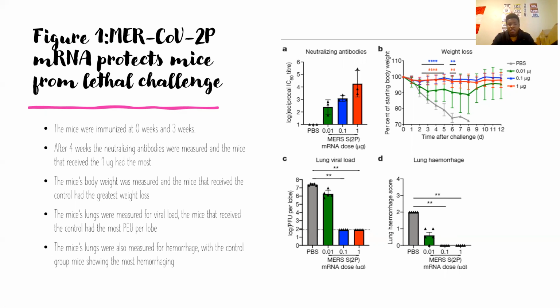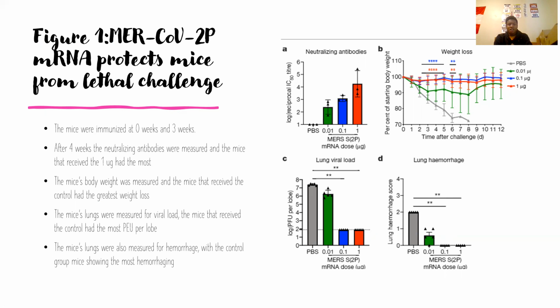If you look at the way the body weight was measured, it was measured as a percentage of the body weight of the mice at the beginning of the first dose of the vaccine.